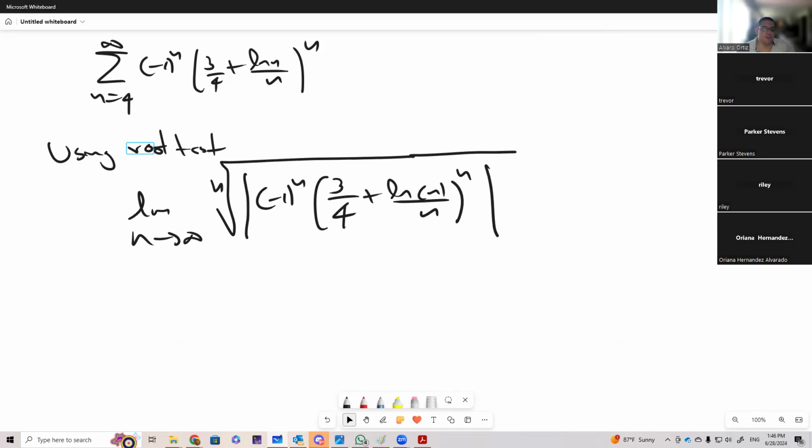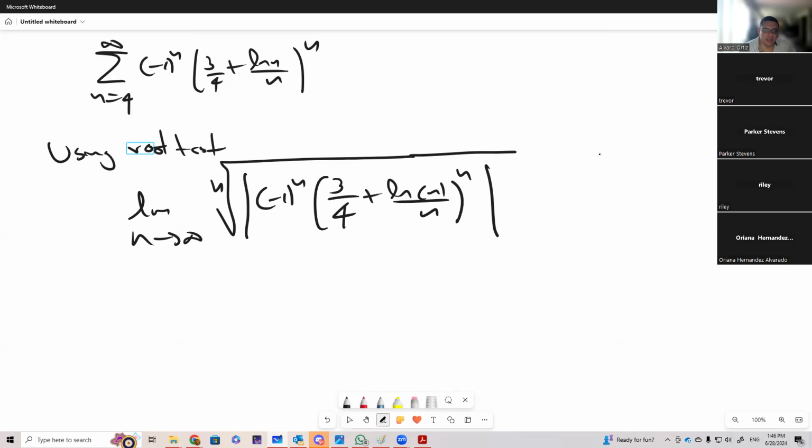So we get a couple of good things just from using this. Because we're using the root test, we can check right away if this is absolutely convergent or not. Similar with the ratio test, we can do that too. But the fact that it has a power n is what tells me I should be using the root test, so I can get rid of this n.